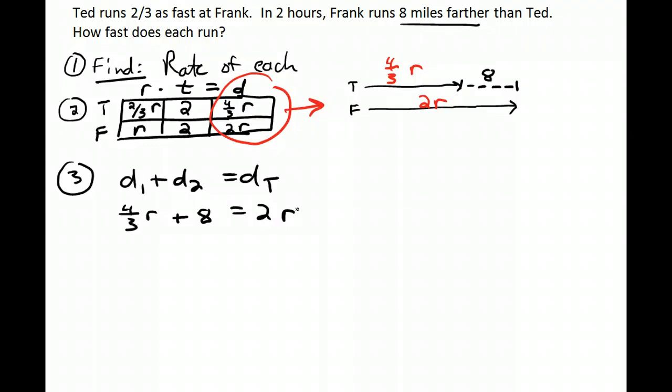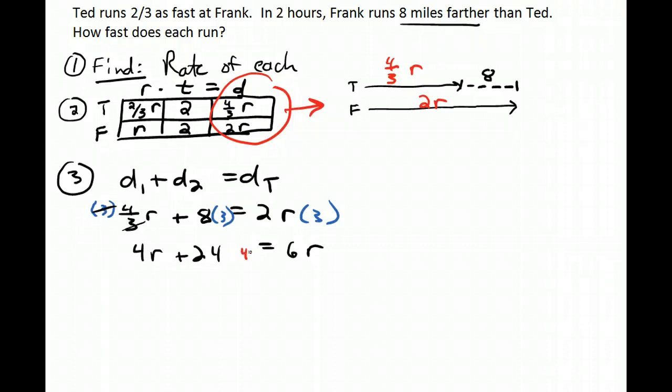Alright, now when I go to solve that, I would prefer to clear the fractions, and so to do that I'm going to multiply all the way through by 3, both sides of the equation, because then I get 4R plus 24 equals 6R. This is a pretty easy equation to solve.